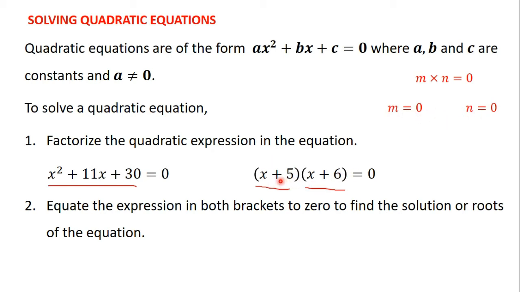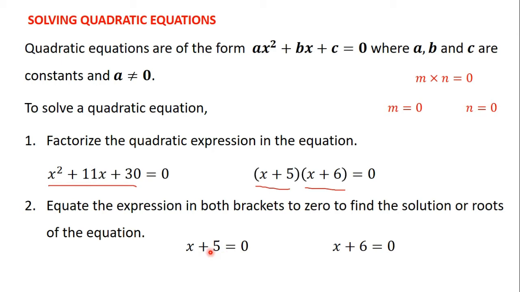So in this example, if x plus 5 and x plus 6 are multiplying each other and we are getting 0, what it means is that x plus 5 is 0 or x plus 6 is 0. With these two equations, we can find the solution or the roots of the equation.